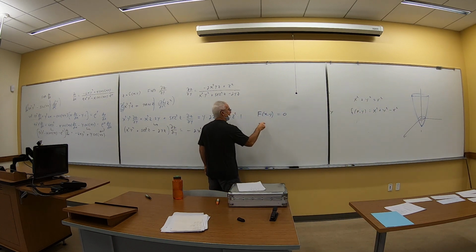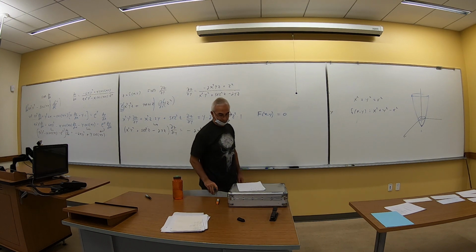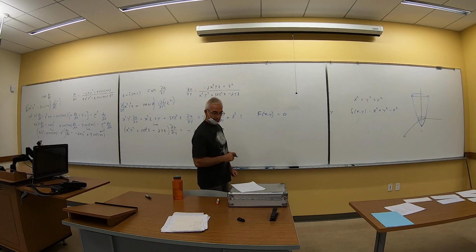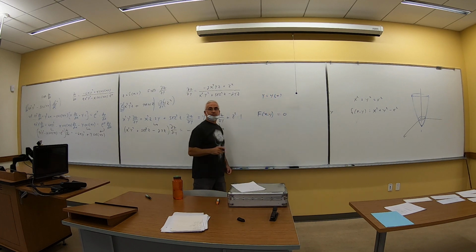So if I differentiate this, I want to do it with respect to both x and y. Okay? So if I do that, here's how I want you to think of that. I want you to think of y as a function of x.